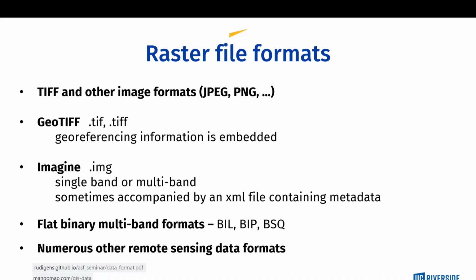If you're ever on a website looking for aerial imagery and something is labeled as a GeoTIFF, that could be very, very helpful for you because a GeoTIFF already has the information in it such that when you bring it into a GIS, it'll plop down right where it's supposed to be on the map that the GIS provides. So if it's a regular TIFF, not a GeoTIFF, you're going to have to do that work to get the image aligned with the base map in the GIS. And we'll talk about that a little bit later.